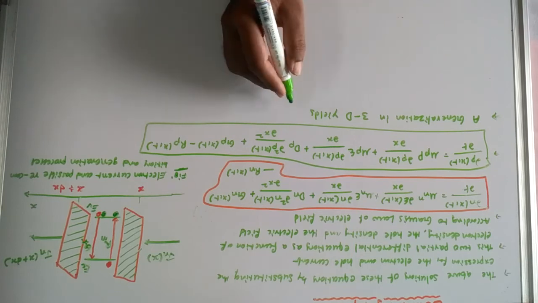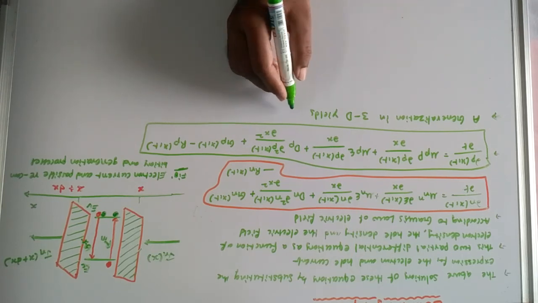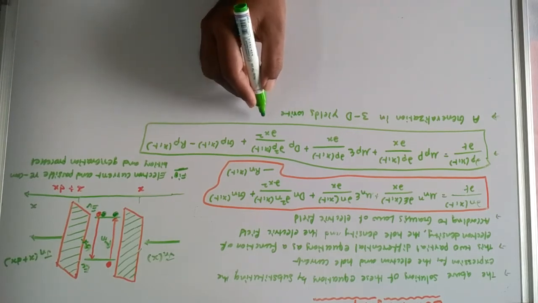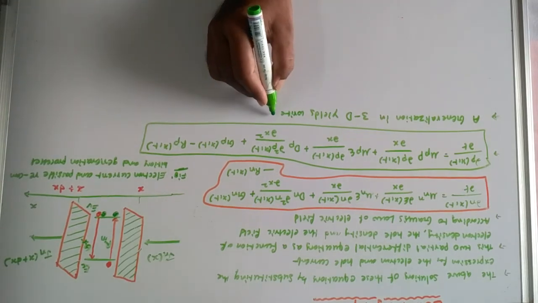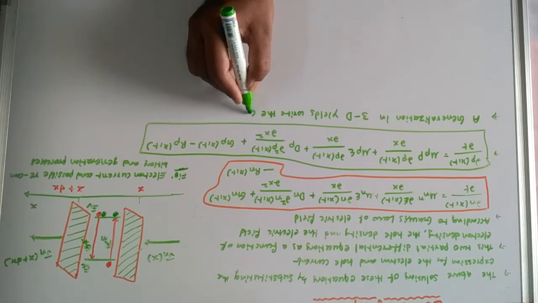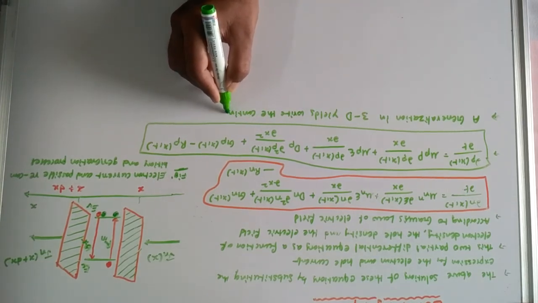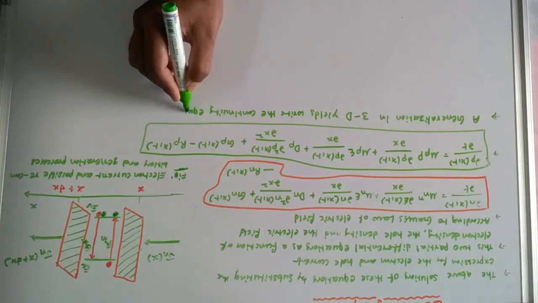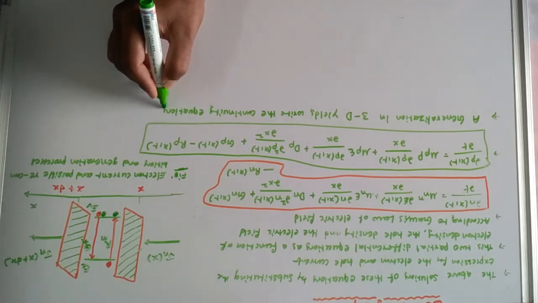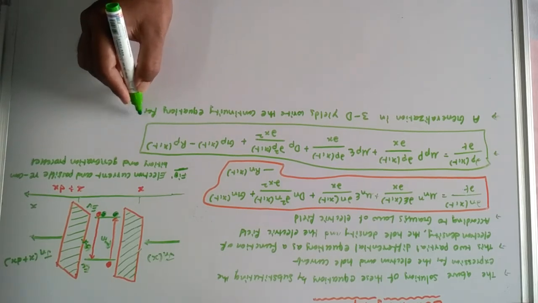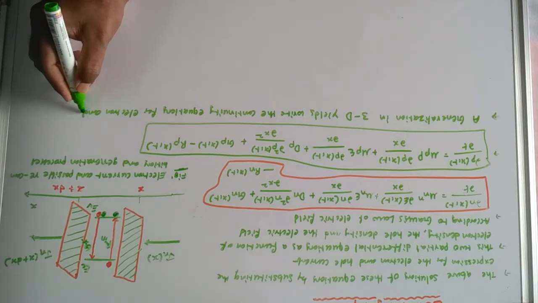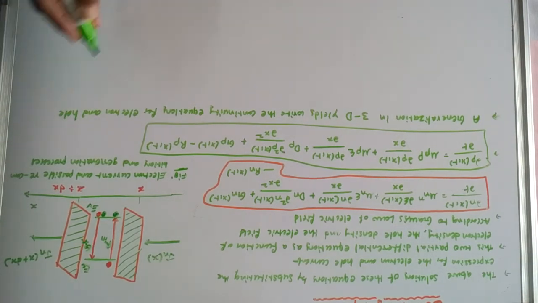The following equations are the continuity equations for electron and hole.